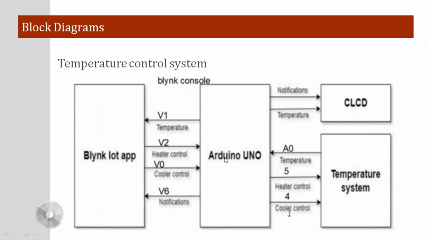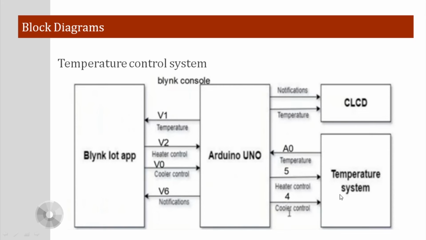These instructions first go to the Arduino Uno and then to the temperature system. The Arduino Uno processes the instruction and sends the function to the temperature system, to turn on and turn off. This is the specific function.